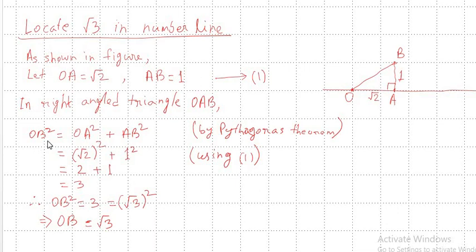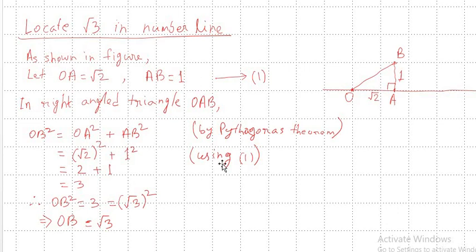Now look here, we are going to find the length OB. So for OA square, as we have already assumed OA as root 2, I am putting in the value root 2 for OA. And for AB, as given here, 1. So I have taken 1 square.